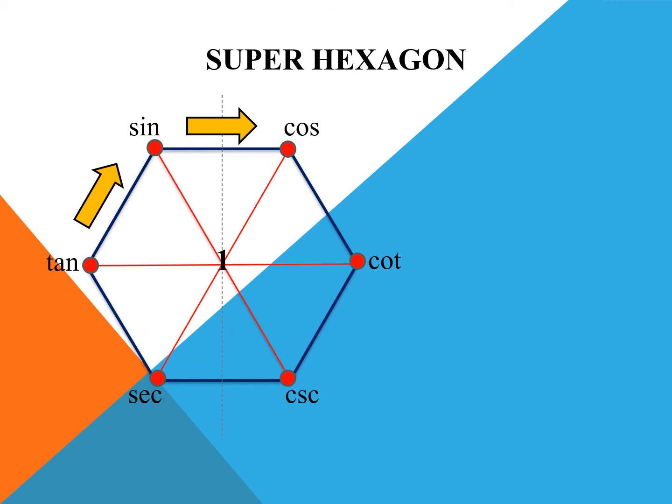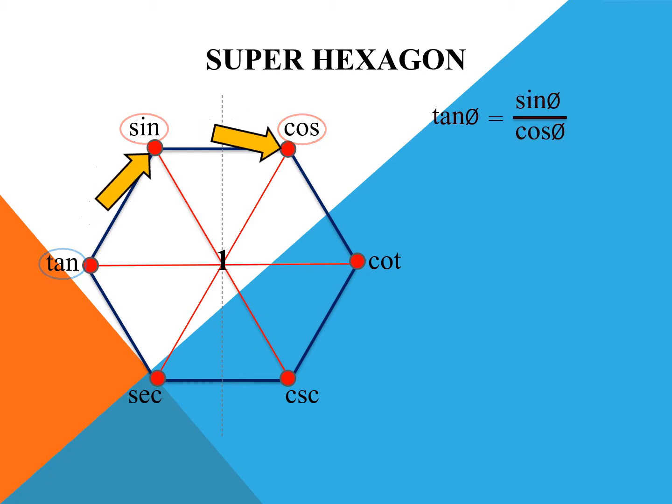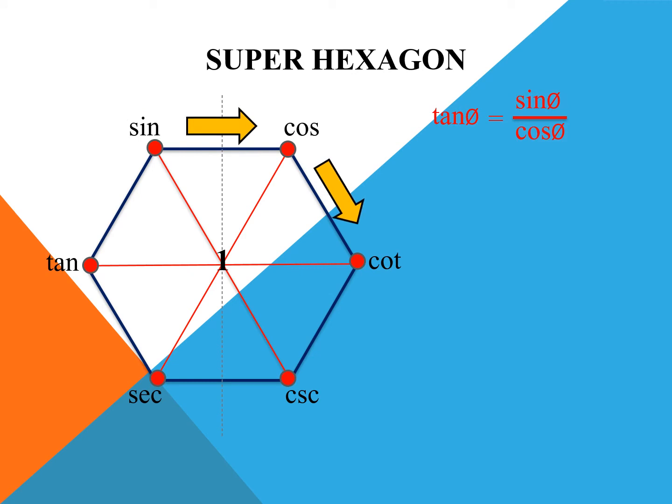In clockwise direction, mark the 3 trigonometric functions. First is equal to second over third. Tangent theta is equal to sine theta over cosine theta. Sine theta is equal to cosine theta over cotangent theta.